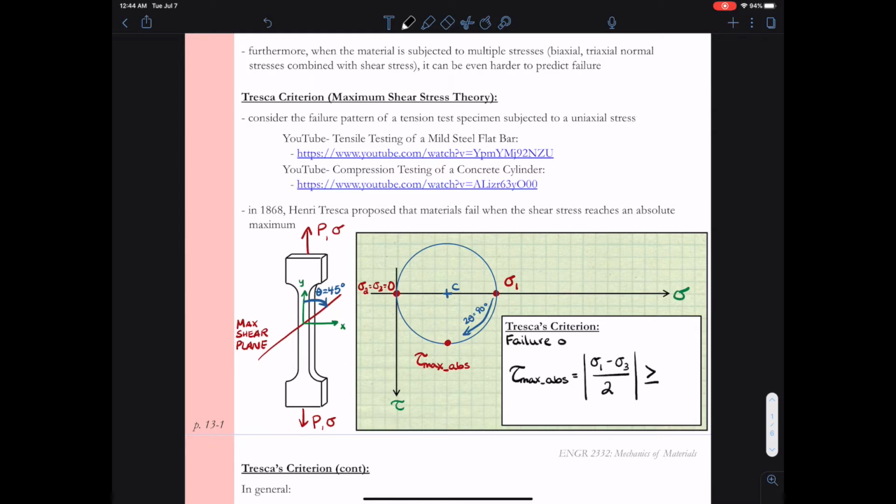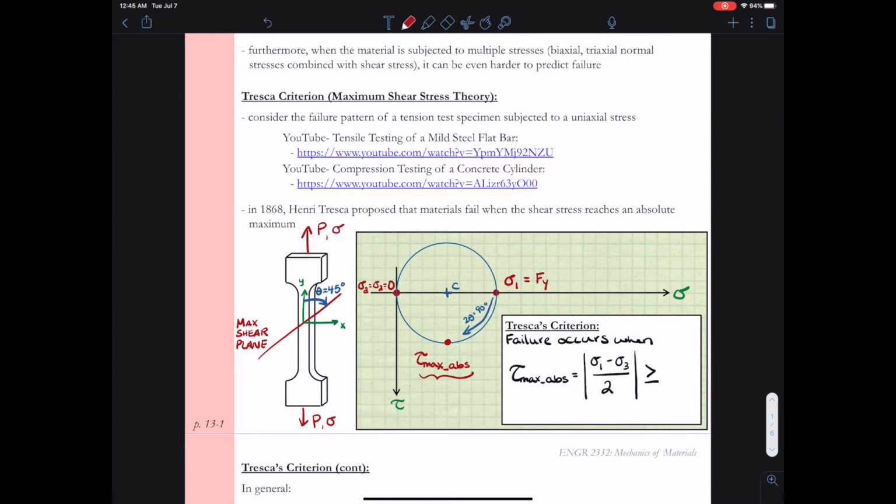Now, in my failure criteria, I say that failure occurs when the max shear stress exceeds a critical value. So in our tension test, the critical value is when sigma 1 reaches the yield stress. So when sigma 1 equals the yield stress, that's when this tensile specimen fails, if we're considering yielding as our failure.